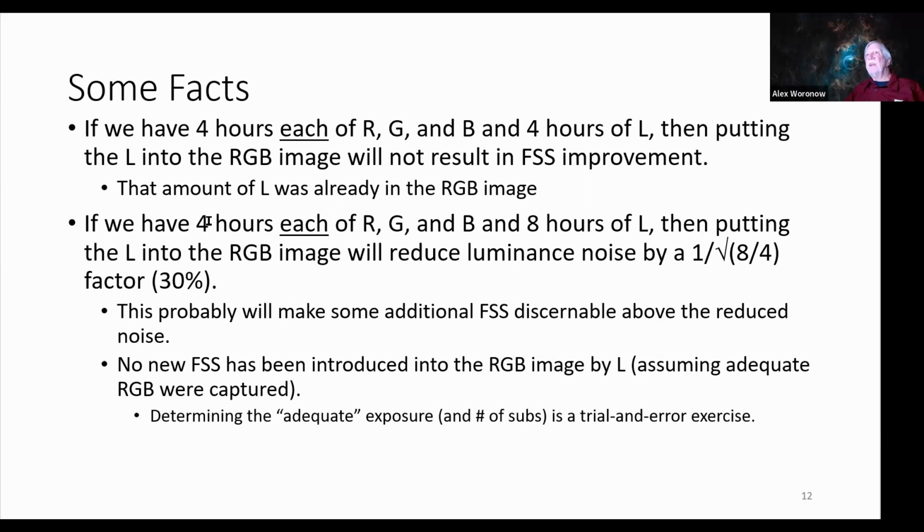If, on the other hand, we have 4 hours of RGB and 8 hours of L, then putting the L into the image would reduce the noise by 1/√2, which means we reduce the noise by 30%. And this would probably make more structures visible above the level of the noise. But in fact, no or very little fine scale structure has been introduced. All we've done is decrease the noise.